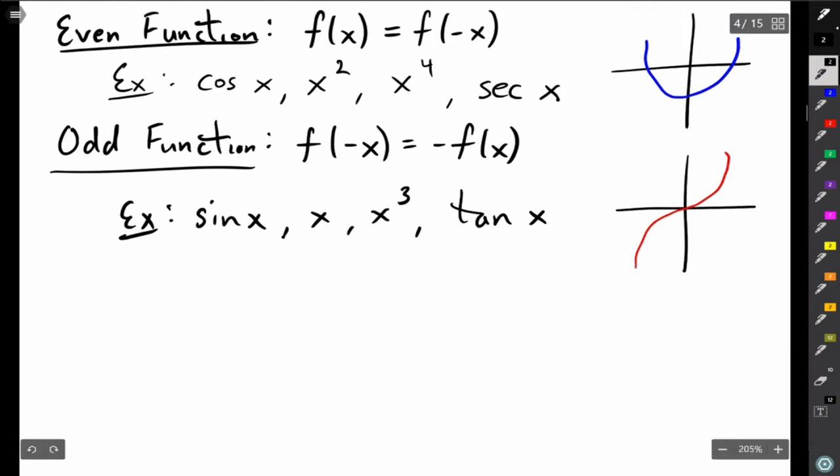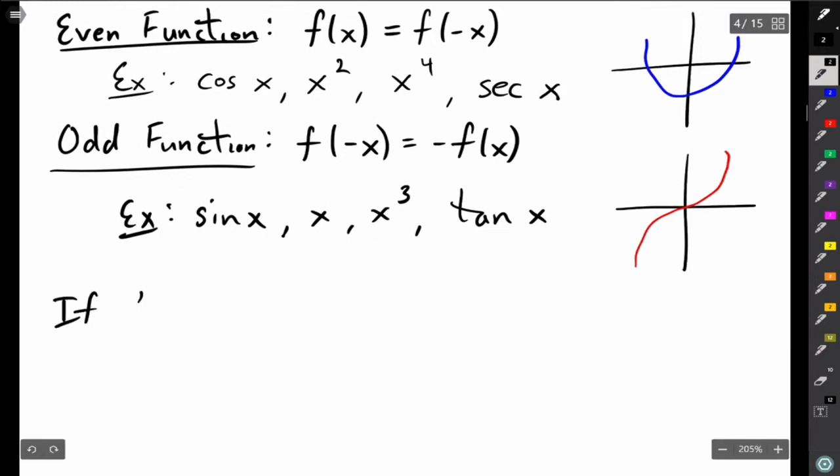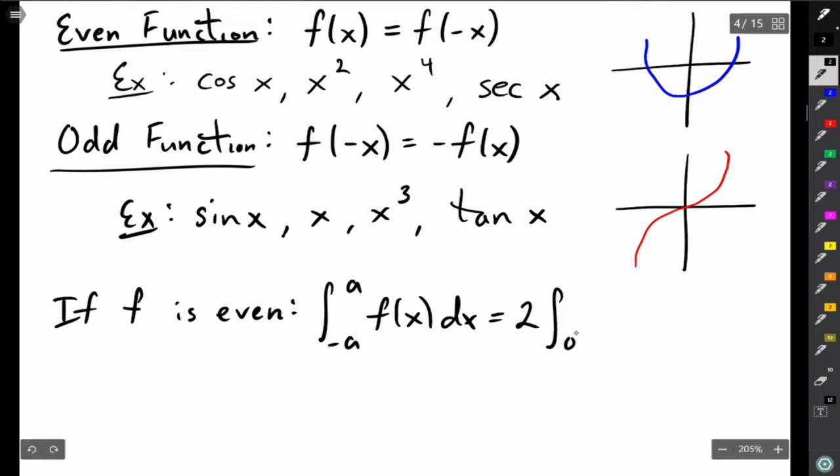So if f is even, and we integrate it on a symmetric interval from minus a to a, we can cut that interval in half, because we know we're going to have equal areas in the negative numbers and in the positive numbers. So just compute half of the integral, from 0 to a instead.